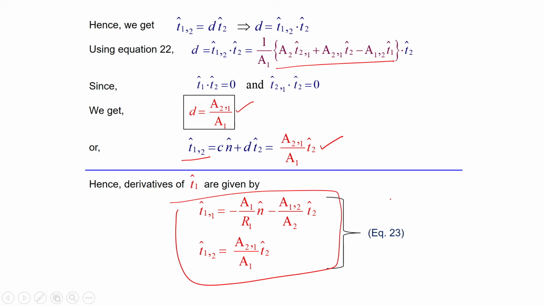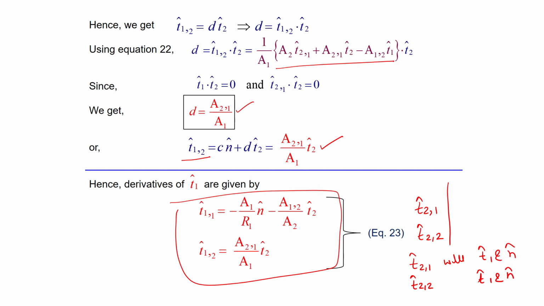Similarly, following the same procedure, we can get T hat 2 comma 1 and T hat 2 comma 2. Again we can say that, let us say T hat 2 comma 1 will lie where? In the plane of T1 hat and n hat, and following the similar procedure, same way T2 comma 2 also will lie on the same plane.